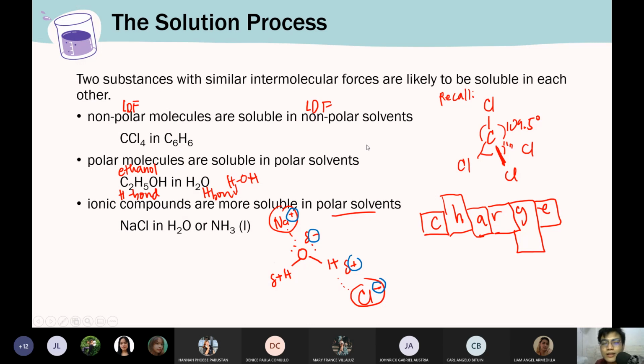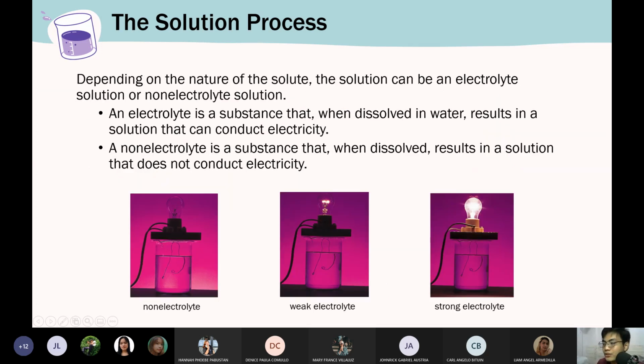So let us characterize further our solution, because there are solutions that can conduct electricity while others do not. Okay? Meron kapag pinaghalo mo, pwede kang makuryente. Meron naman, wala lang. Okay? So what makes a solution conductive and what makes a solution non-conductive or insulator?